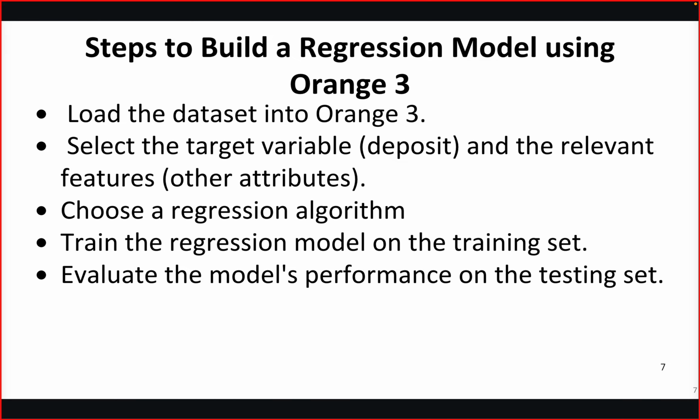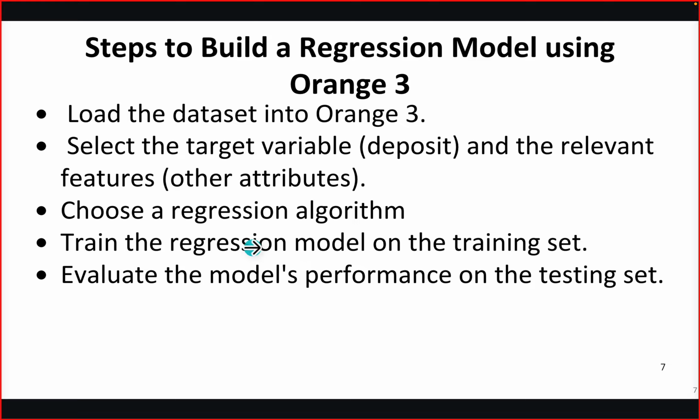And then we have to bring in the regression algorithm, or sometimes we just call it a widget. An algorithm is a set of instructions that the computer can follow step by step. Then we train the regression model on the training set and evaluate the model's performance on the testing set.